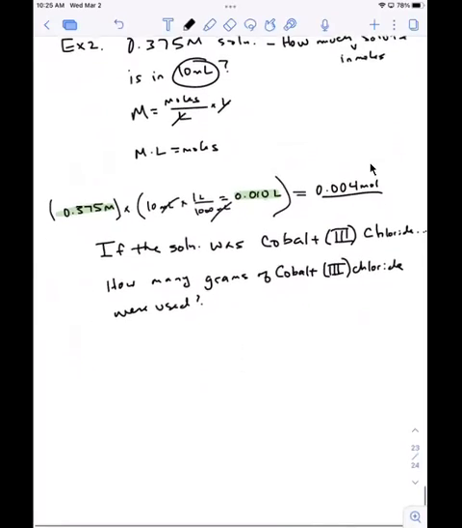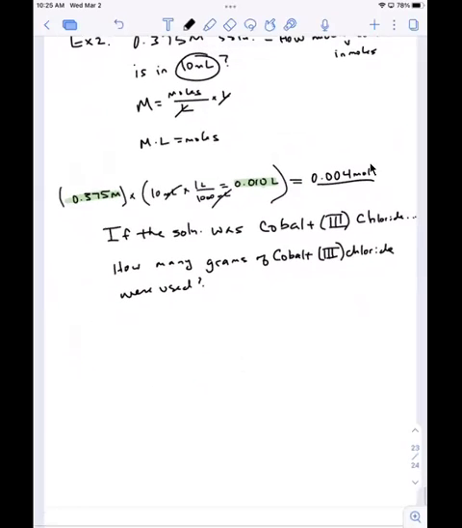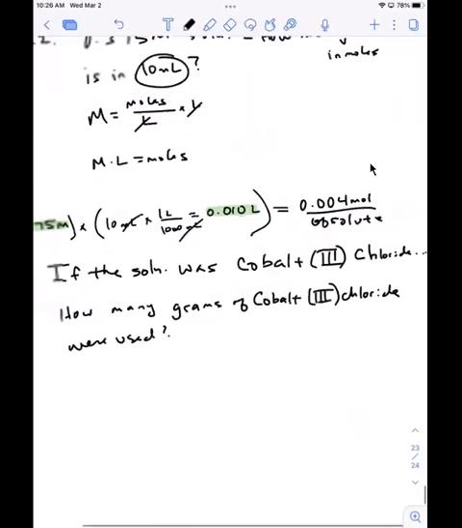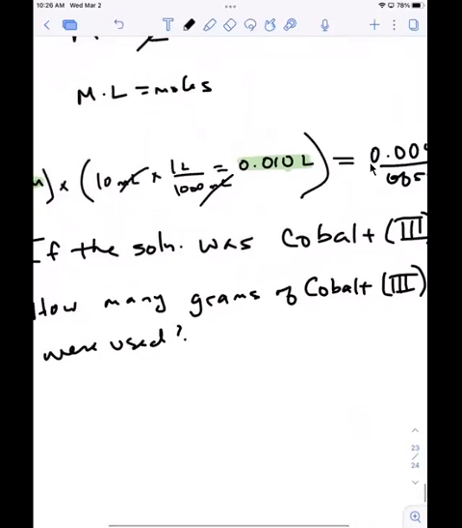How many grams, if the solution was made up of cobalt 3 chloride dissolved in water, how many grams of cobalt 3 chloride did we use? What's your strategy here? What are you going to do here? What do we need to know?